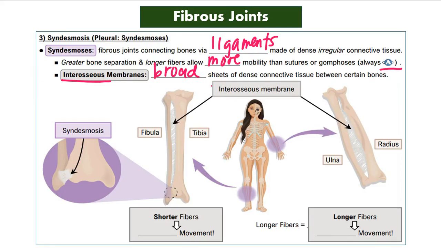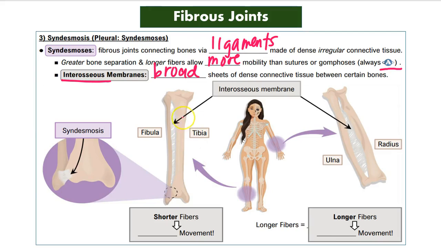Let's get some examples. First, let's focus on the lower leg, okay? The lower leg below the knee is going to be made up of your tibia and your fibula. And as you can see, they're connected through syndesmosis. So we definitely see those ligaments, which connect bone to bone, of that dense irregular connective tissue.